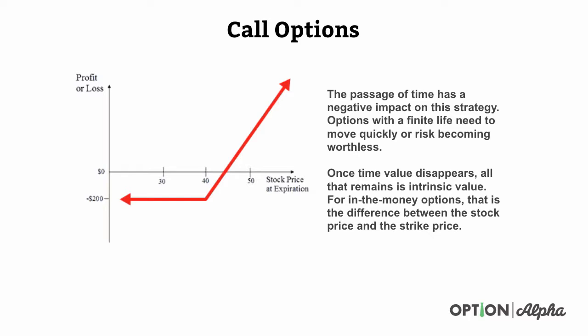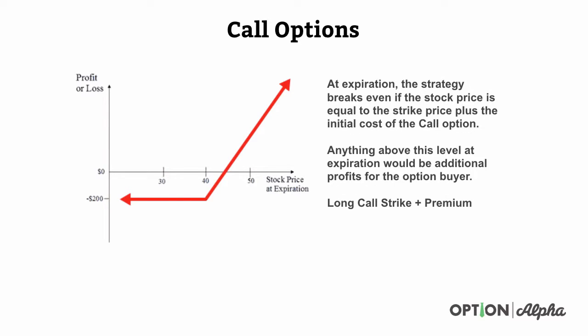For in-the-money options, that's the difference between the strike price and the current price of the market. For out-of-the-money options, they're going to be worthless. So if the stock ends at $30 a share and the strike price is $40, then in this case the call option has no value and the options contract basically expires worthless. The option buyer loses their money. The option seller keeps the entire $200 premium as a credit.